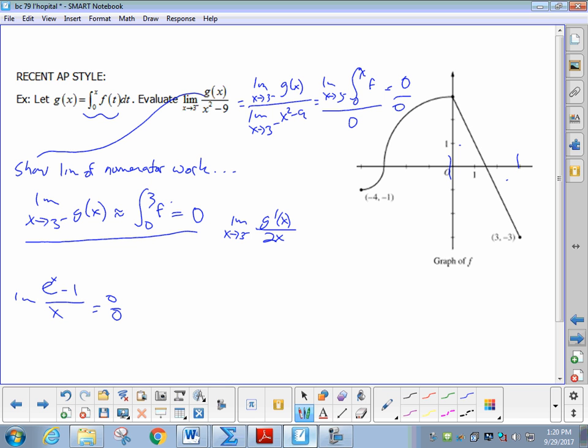You have to connect it to F. What is G prime's connection to F? It is F. All right, and then finally, that's making all those connections and saying what we have to say. As x goes to 3, F goes to -3, and 2x goes to 6, and so our answer is -1/2.